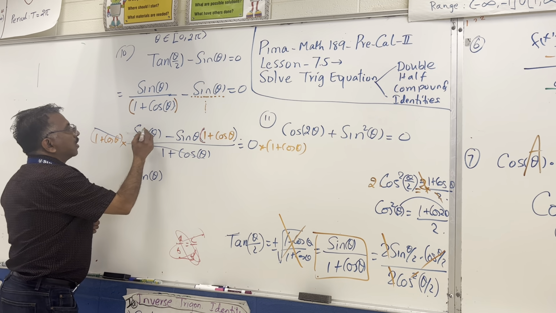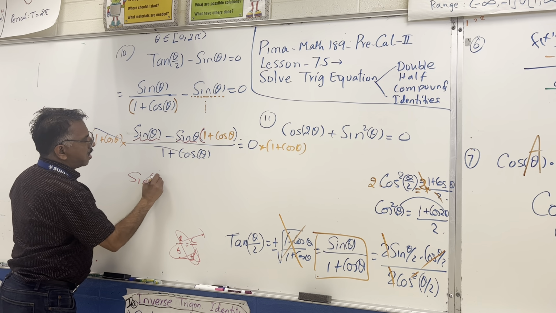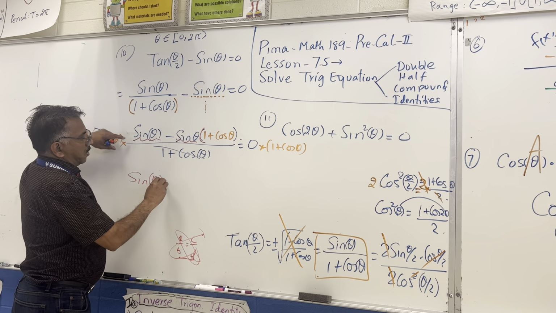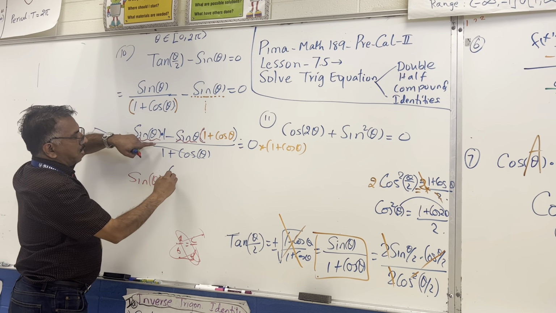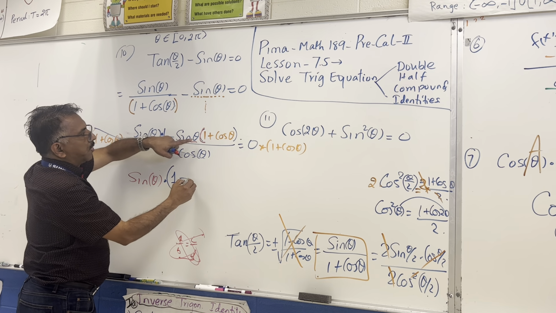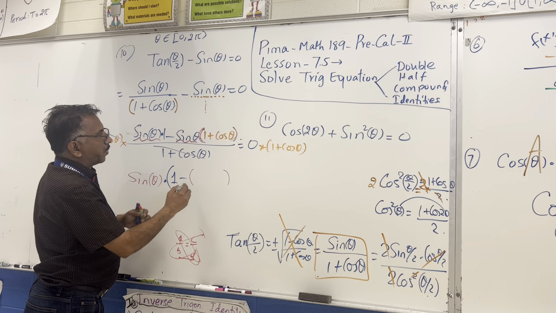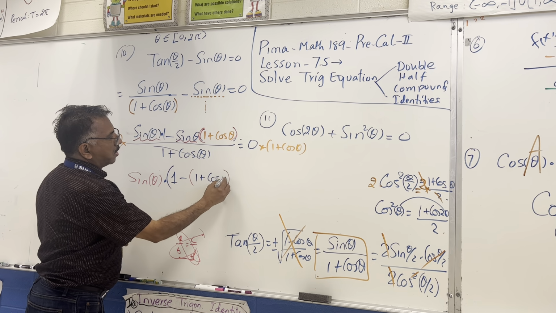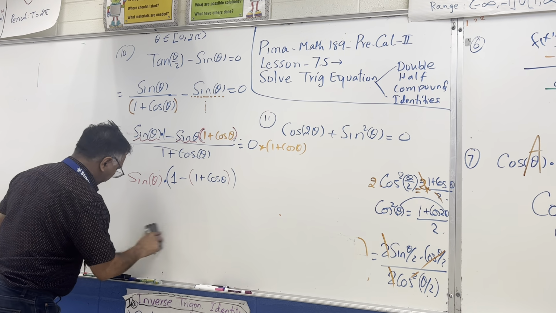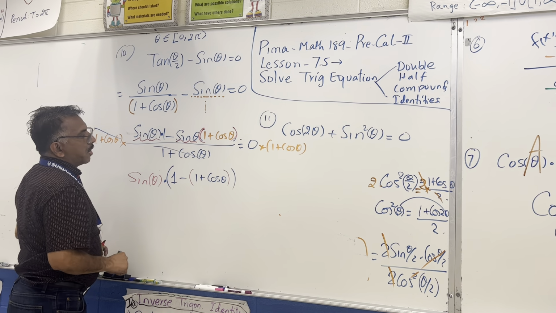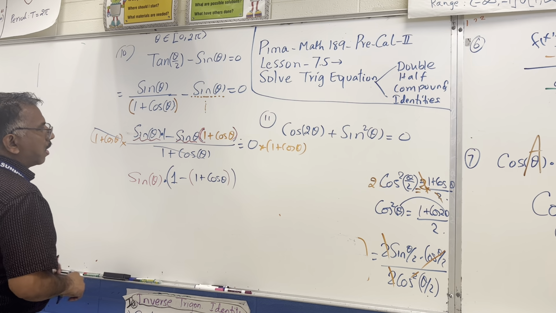So this part is the red color. Let me write it. Sine theta, if you take this one, basically it means times 1, so it is 1 minus, this is already taken off, that's like the red, this part is 1 plus cosine theta. Oh my god, I thought this would be done quickly. I want to make sure this is correct.